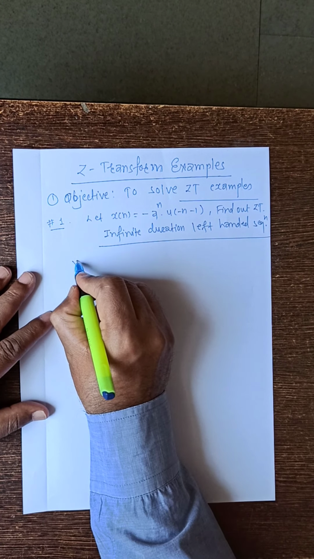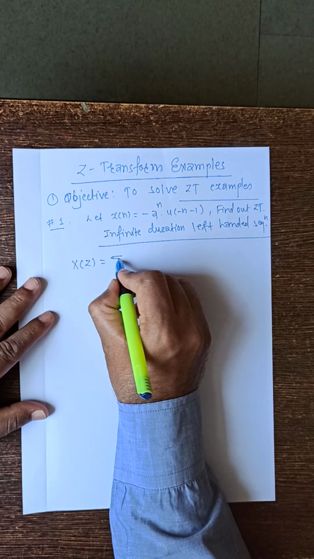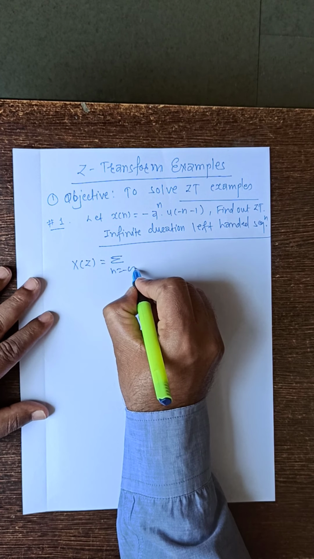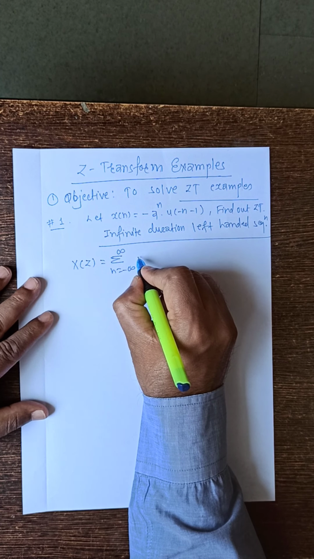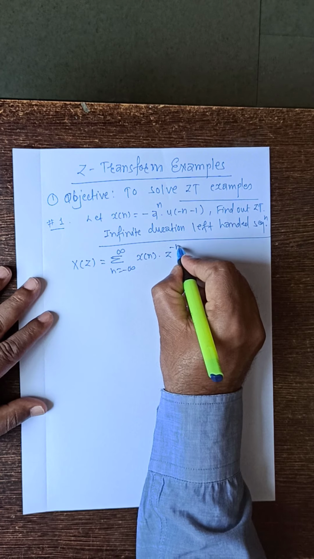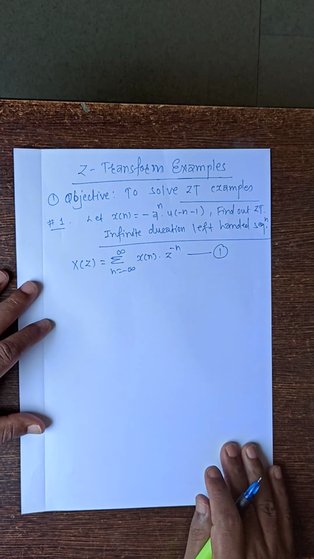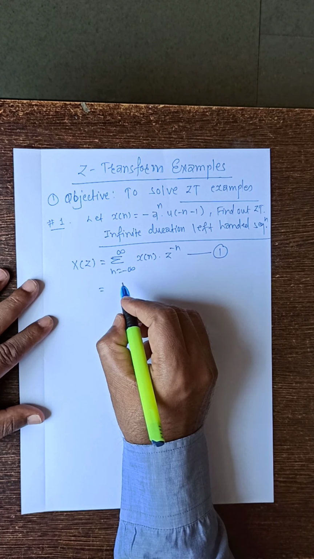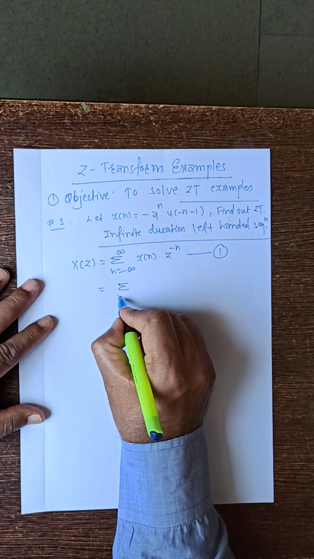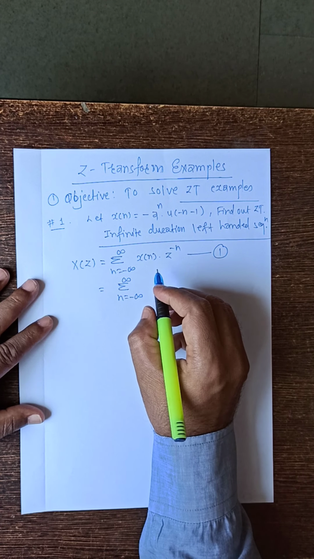So we'll write down the equation of the Z transform: X(z) equals summation n equals minus infinity to plus infinity x of n z raised to minus n. Let it be equation number 1. Put the value of x of n.